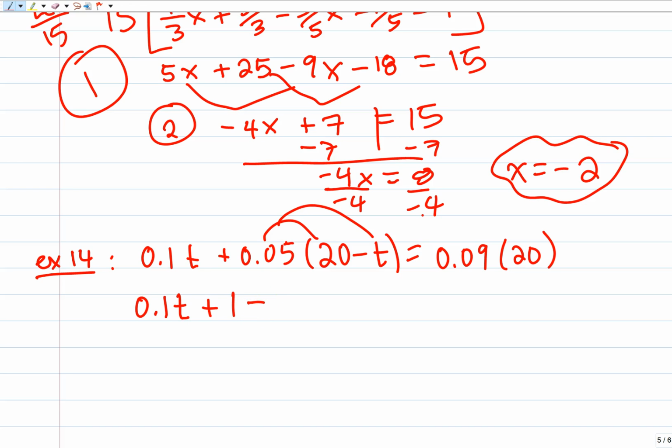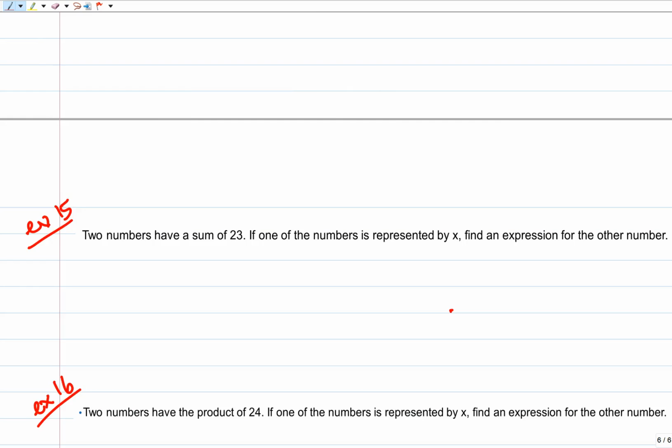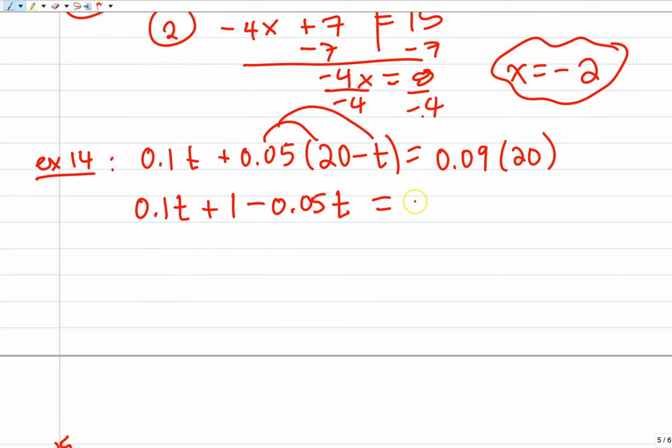It's 1. 0.05 times negative 1 would be negative. And on the right side, what is 0.09 times 20? Somebody tell me 1 point what? Dang it, I hate when it does that. 1 point what? 8. There you go.